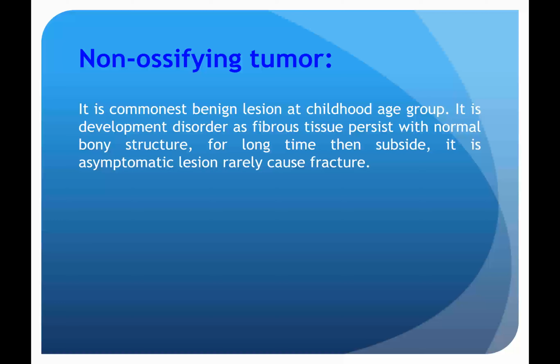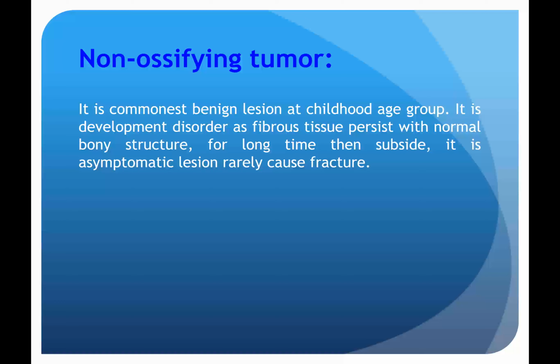The commonest benign tumor and the first tumor we will talk about is the non-ossifying fibroma, which is also called fibrocortical defect, and sometimes non-ossifying tumor. It is the commonest benign lesion in childhood, and it develops due to fibrous tissue which is normally replaced by bone when the child grows.